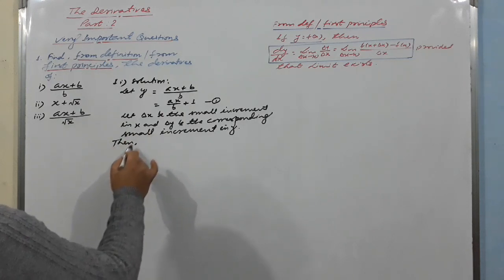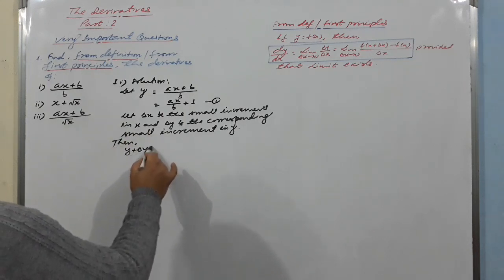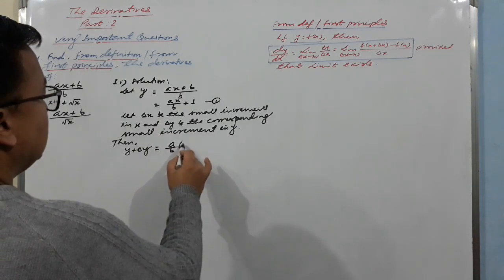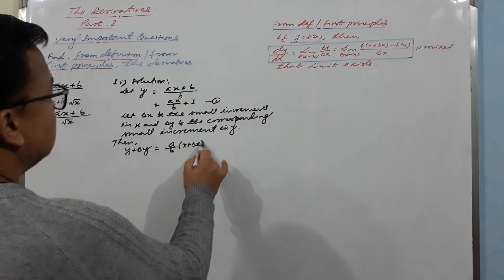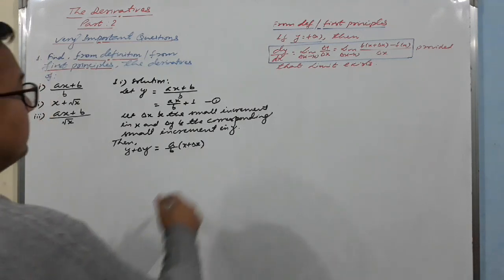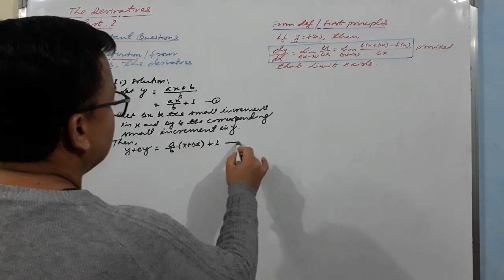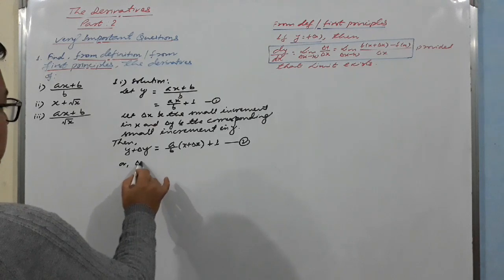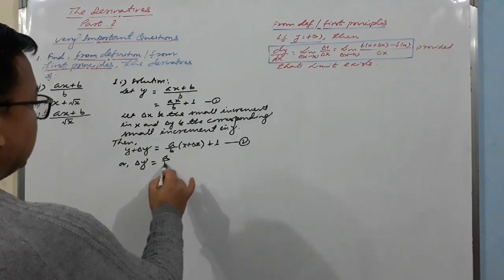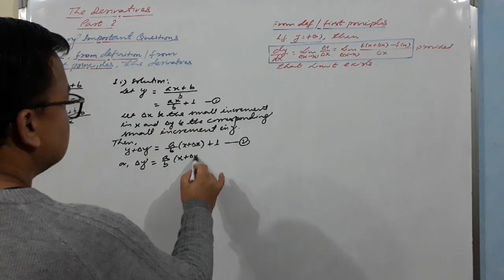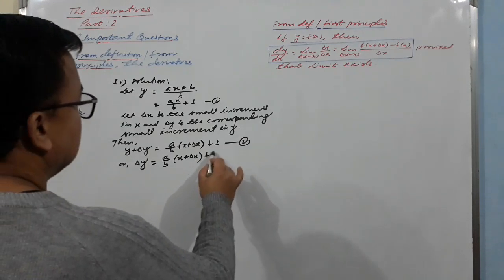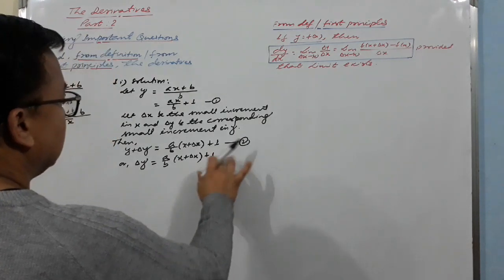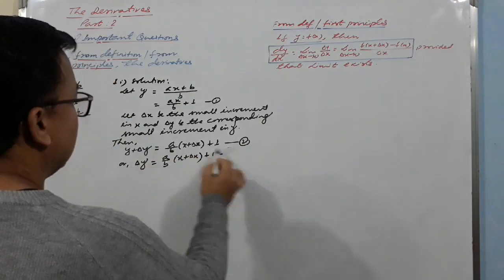Then the next statement will be y plus delta y is equal to a over b times x plus delta x, where x is a variable, plus 1. Or you may write delta y is equal to a over b times x plus delta x plus 1 minus y.